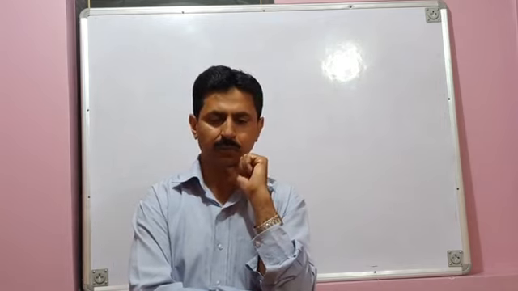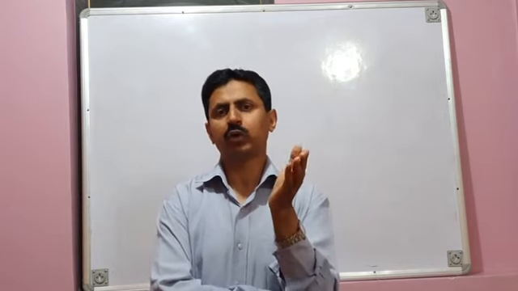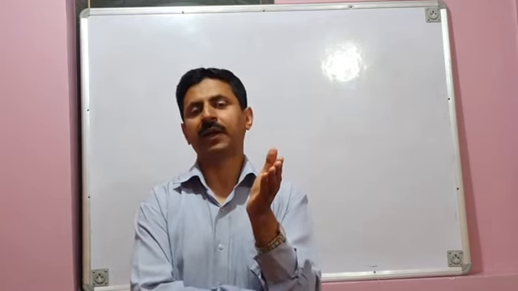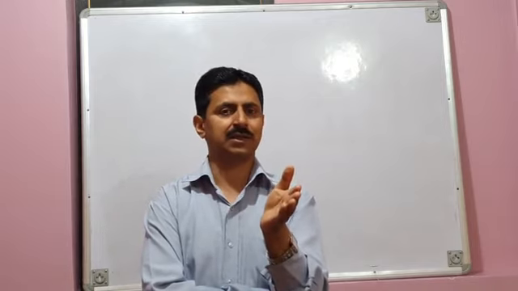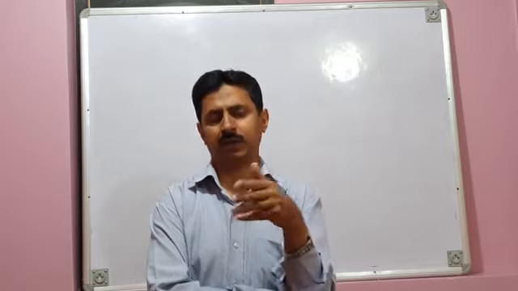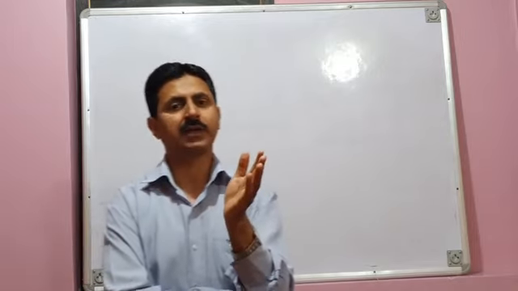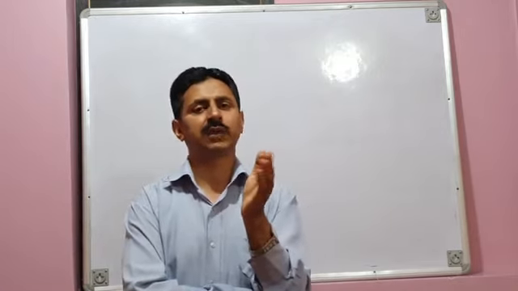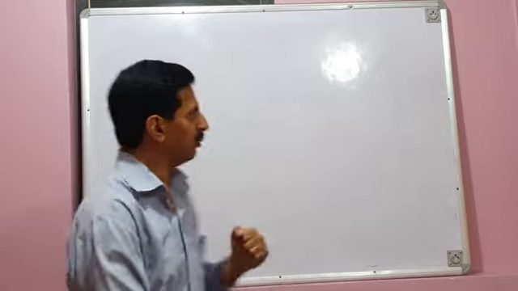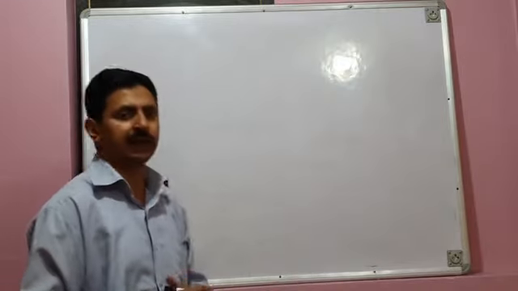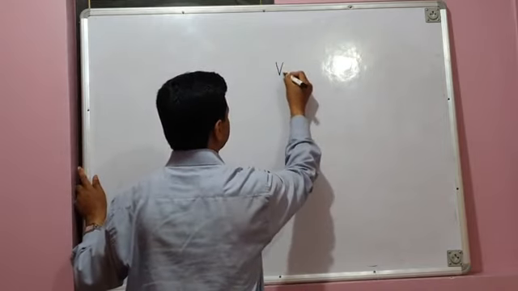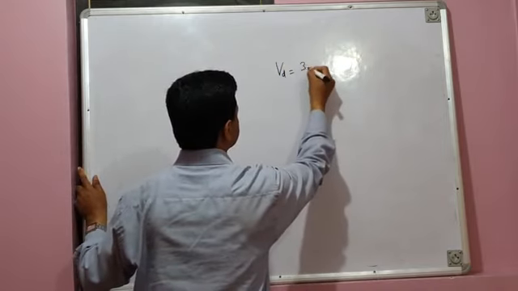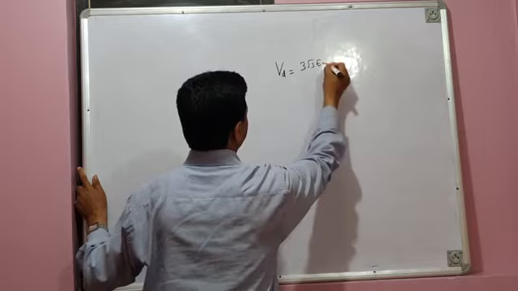Therefore, the mathematical equation for average output voltage will not remain the same as we derived while discussing converter analysis without commutation overlap. You remember that for a 3-phase 6-pulse converter, the average output voltage is 3√3 Em by pi cos alpha.